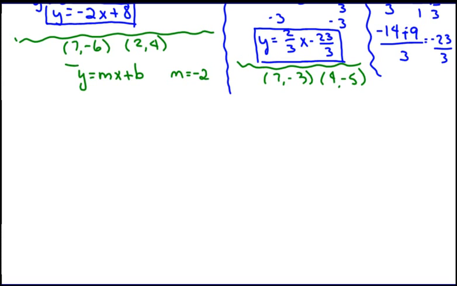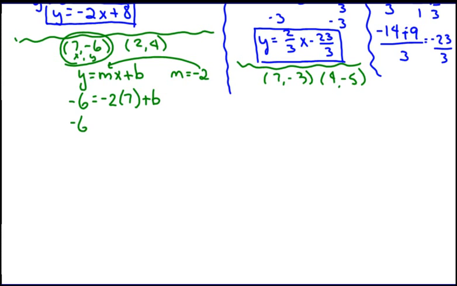I'm also going to use one of my ordered pairs. Remember that it has an x component and a y component. So I'm going to put negative 6 for the y. The negative 2 goes in for the m here. For x, I'm going to use the 7 that's in the ordered pair, and then the only letter that's left in this equation is b.